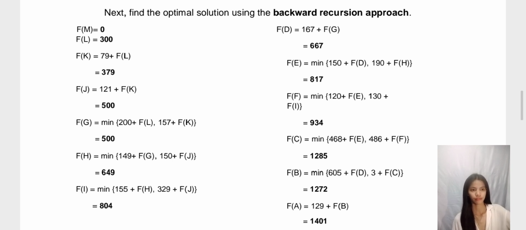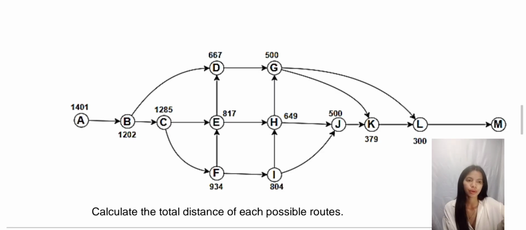In this part, we calculate the total distance for each possible route from node A, which is the starting point, to node M, which is the destination.